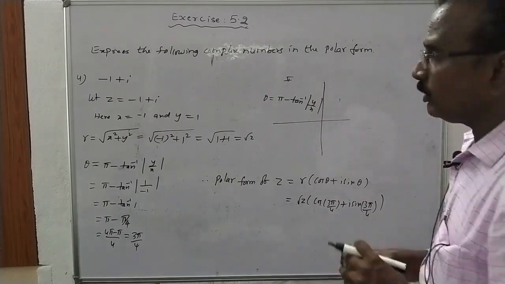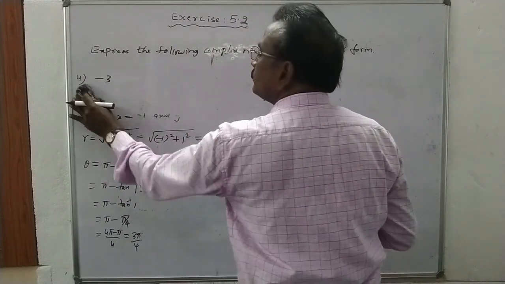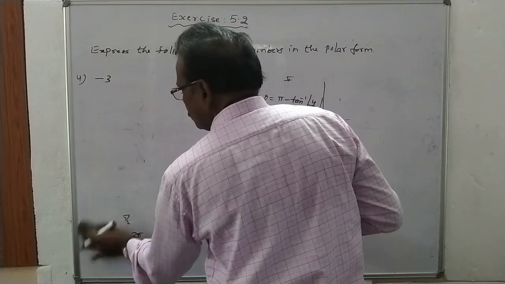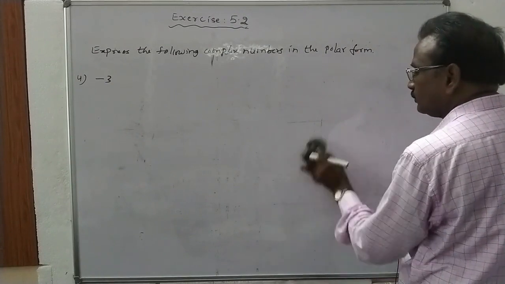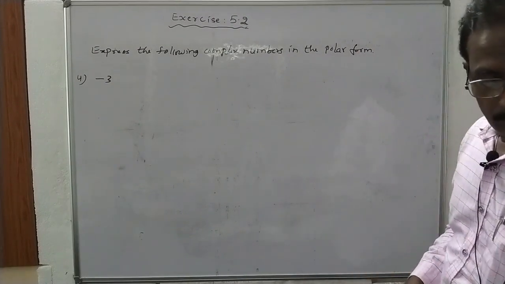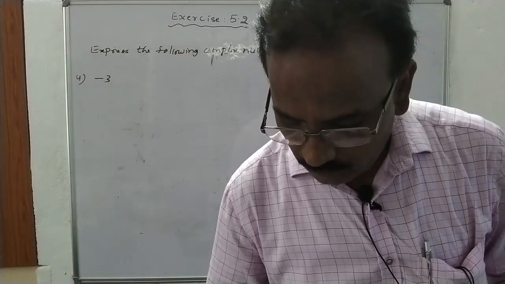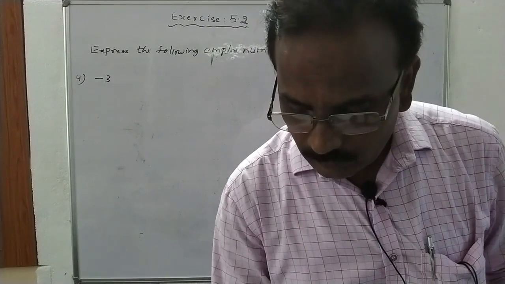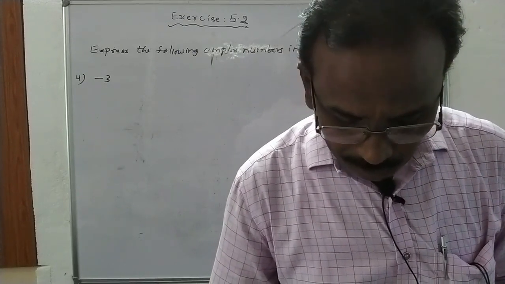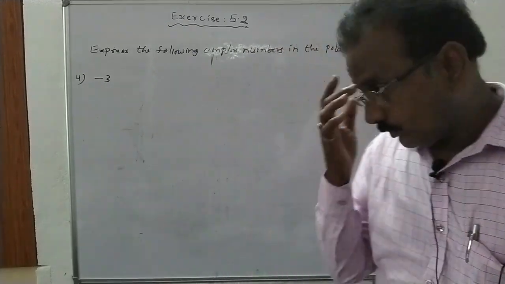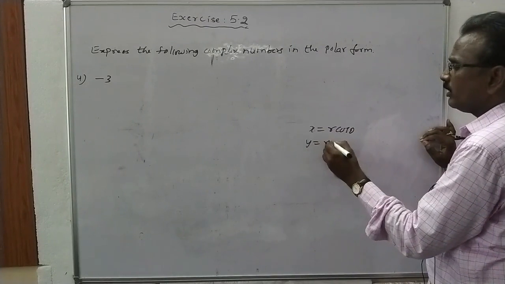So take the sixth question, minus 3. We have x equal to r cos theta and y equal to r sin theta.